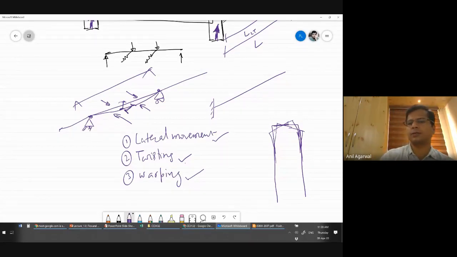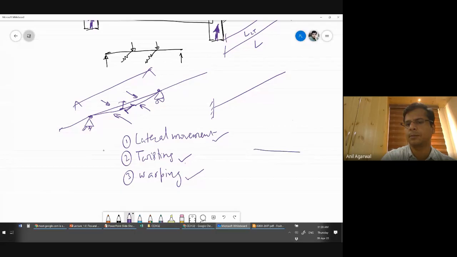So one way to do that could be, if I have a beam, okay, so this is the beam end, and I take a very, very thick plate.